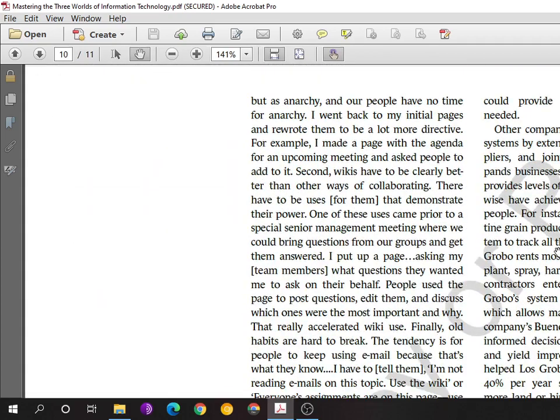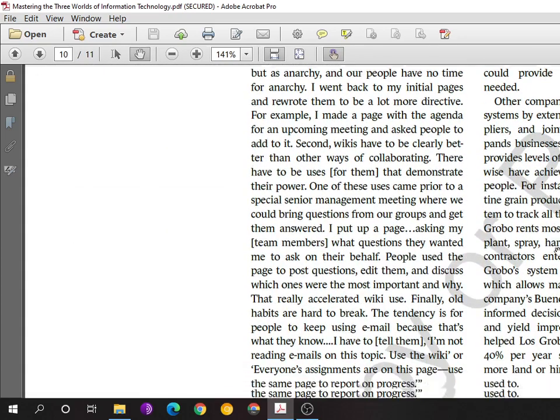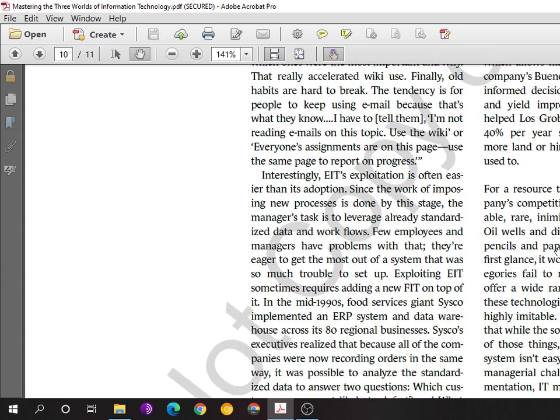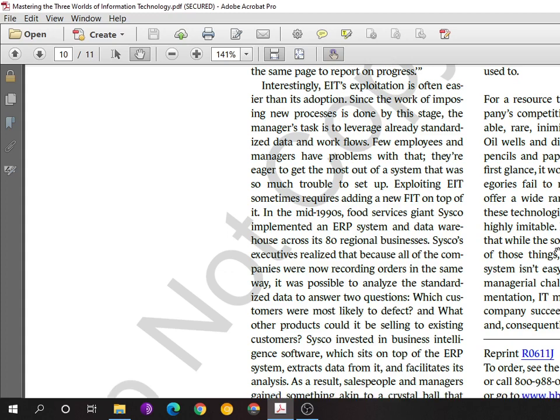It should become part of their key performance indicators. Enterprise IT, of course, can be exploited, and it's actually easy. It's often easier than the adoption part, because once enterprise IT becomes adopted, it automatically becomes part of that organization's way of doing things. The advantages automatically start showing up, provided that the adoption has been done completely and properly.